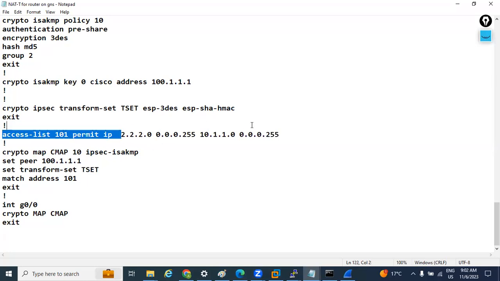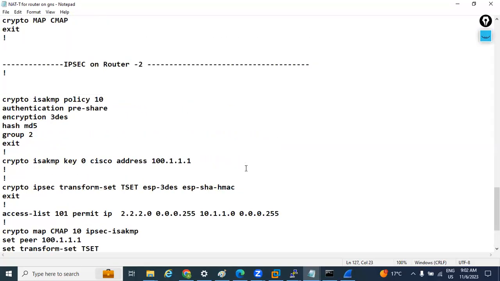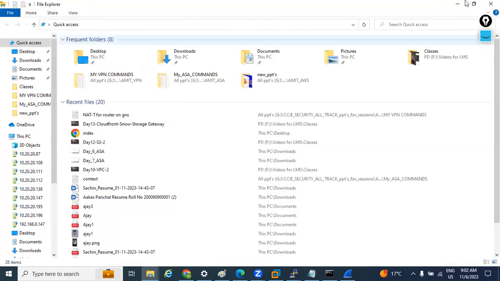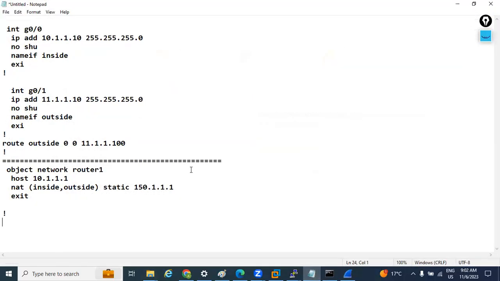Here I have used ACL for this 10. Okay, I'll try to use it for the 10 also. Because here, as you can see in the command, I have mentioned, not this one.